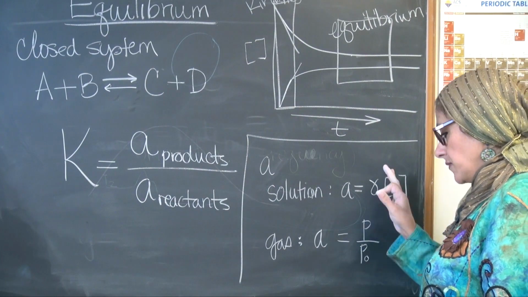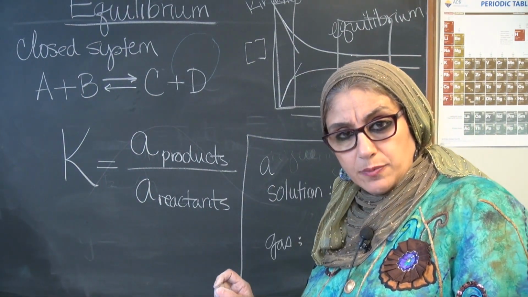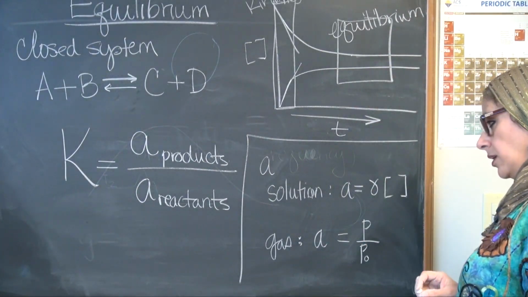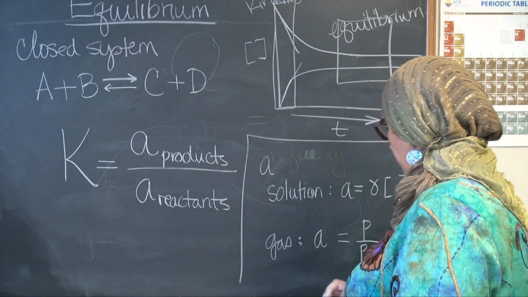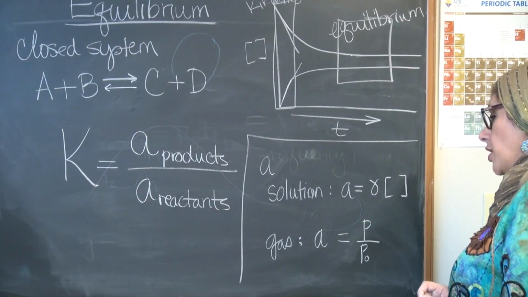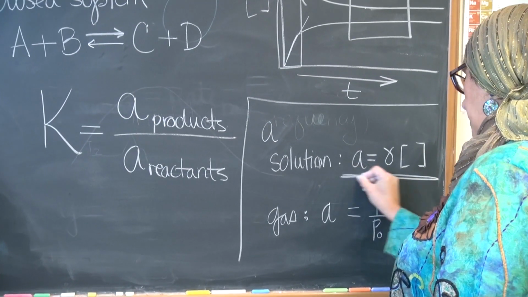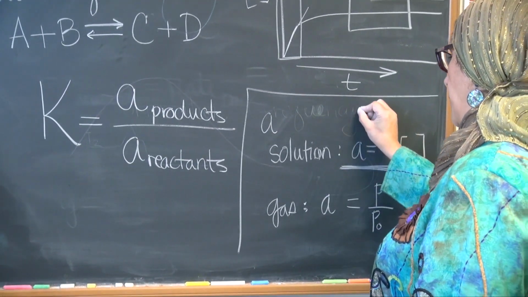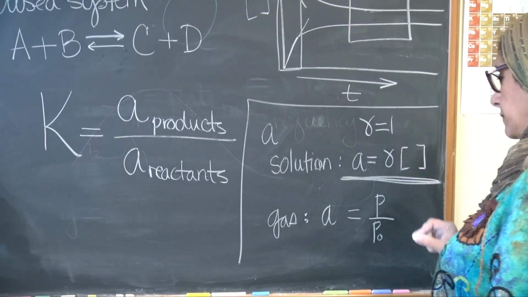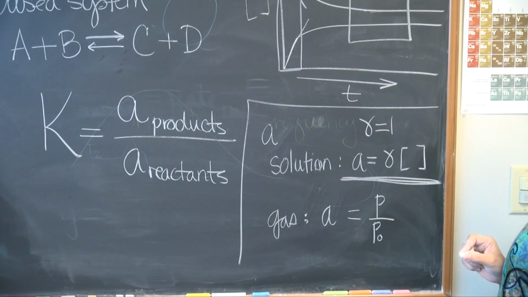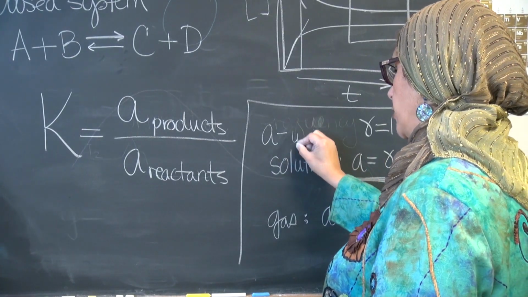Okay, this is very technical. You're not going to find this in your textbook. But let me tell you where we start in the textbook in terms of what I've just given you. For general chemistry, we go with this right here, where we assume that the activity coefficient is equal to 1. Something else that you need to know: activities are unitless.